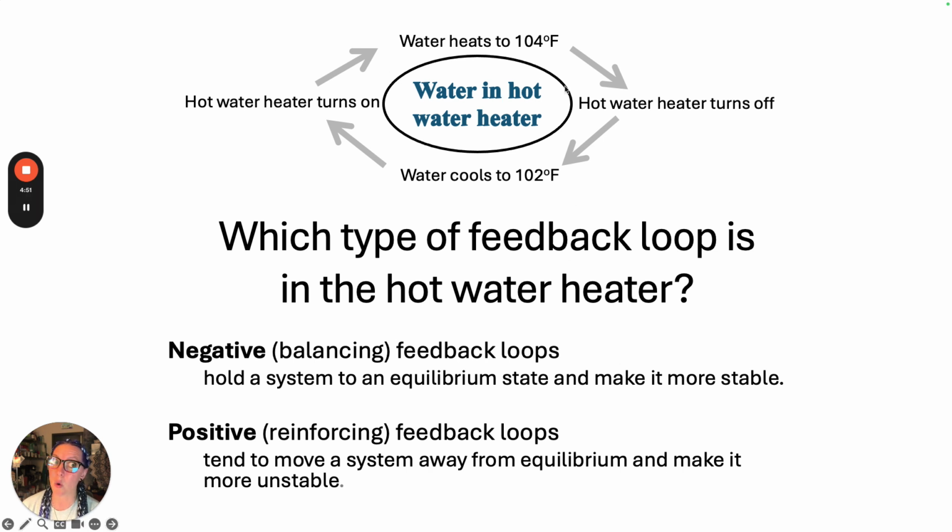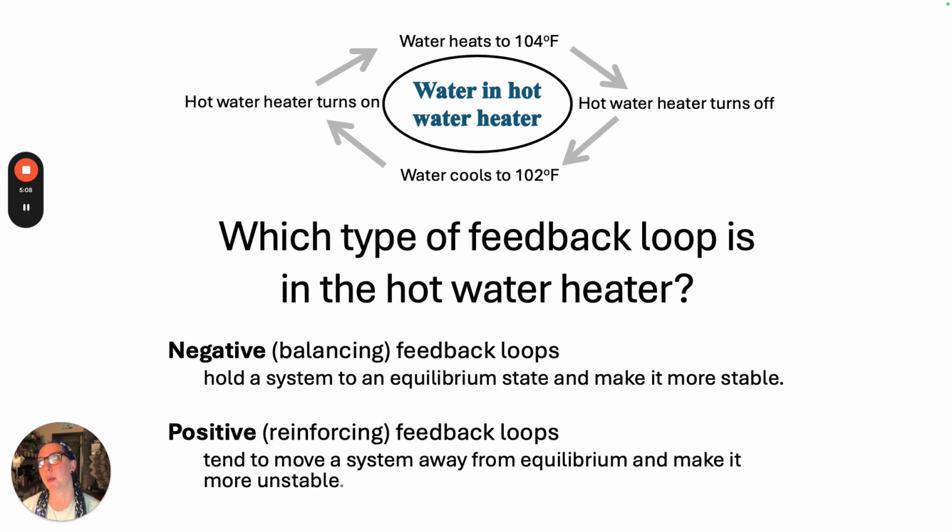But say your hot water heater broke and it doesn't turn off once it gets too hot, then it continues to heat up and heat up and heat up, and then you turn on the shower and you burn your skin off, right? That could be an example of that loop breaking.